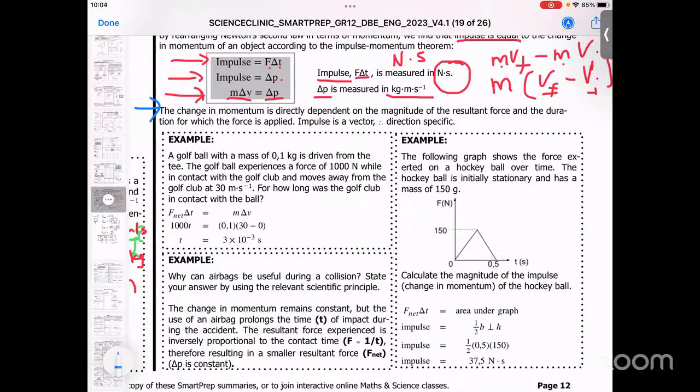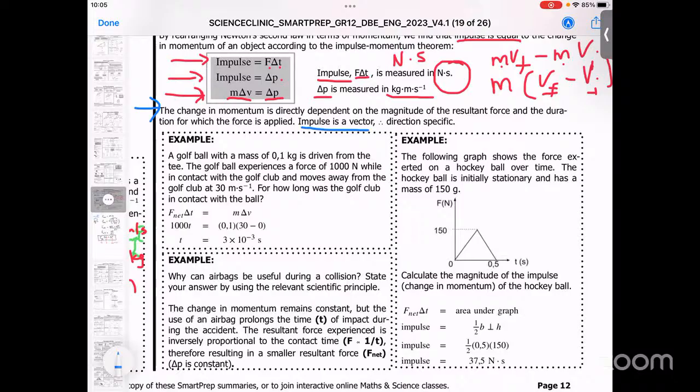Impulse is a vector, therefore it has a direction. Just like momentum is a vector quantity, impulse is also a vector quantity. That one is clear.